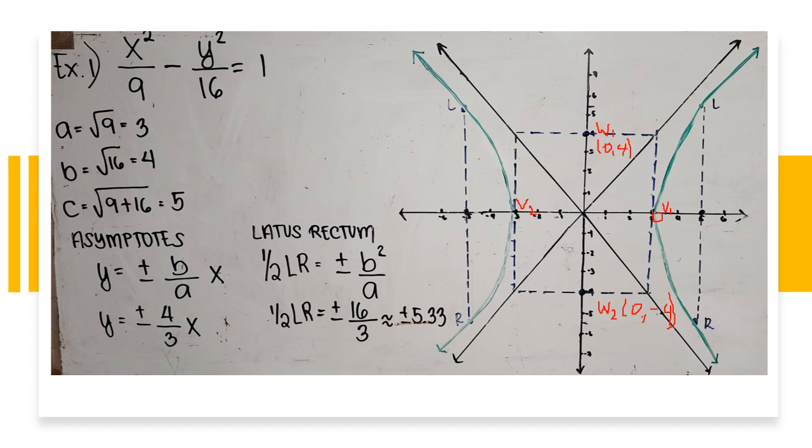For our vertices a while ago, let's write the ordered pairs. So we have (3, 0) and (-3, 0).